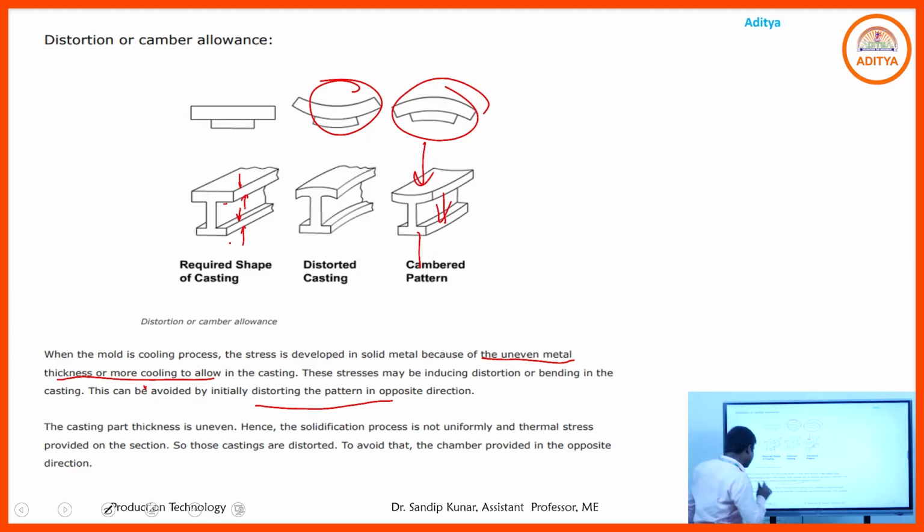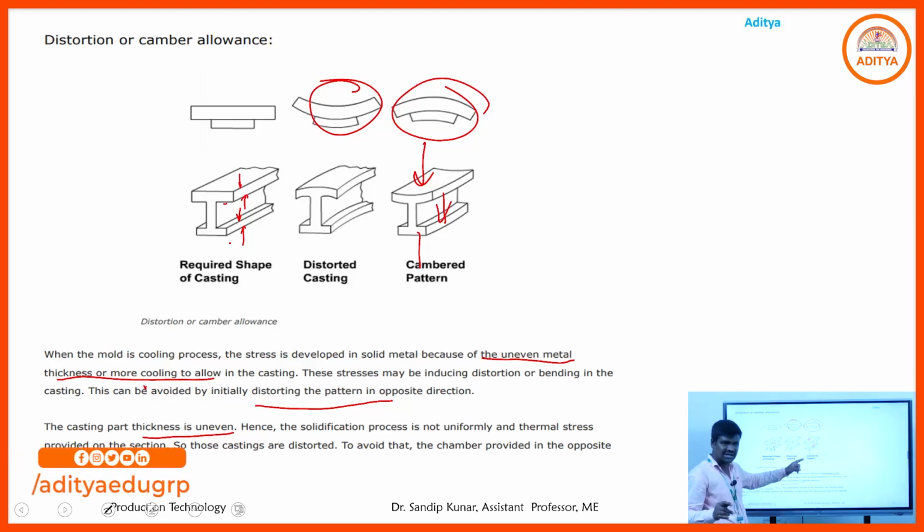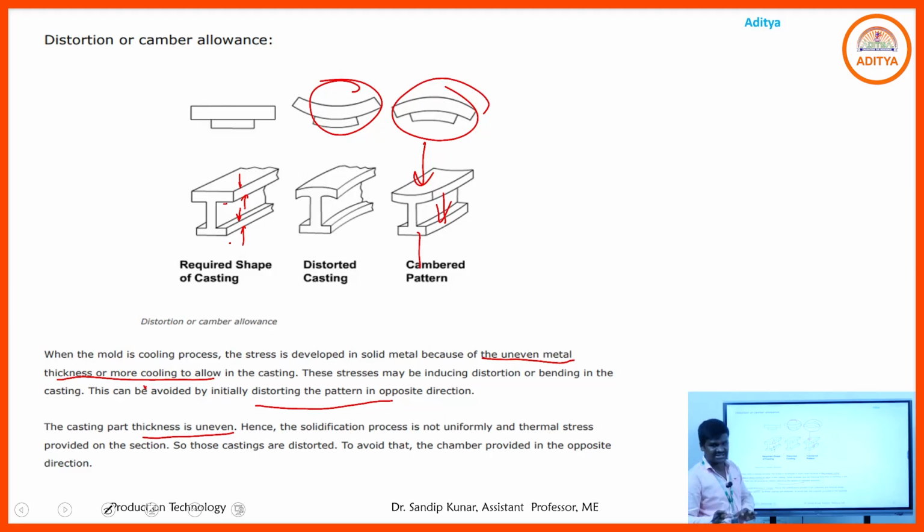Another thing: if the casting part thickness is uneven, the solidification process is not uniform. Thermal stress is produced in that section due to different heat removal, and due to thermal stress the bending shape will be generated. So we avoid that by working in opposite directions.